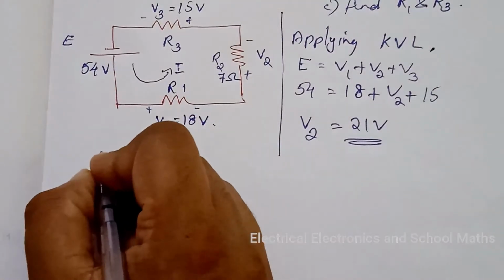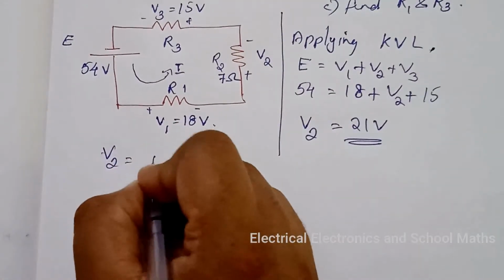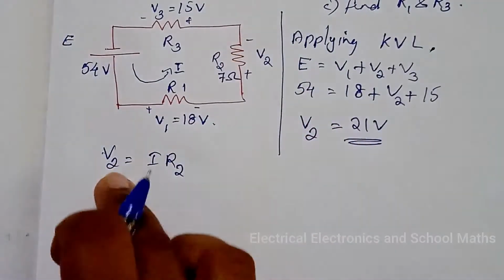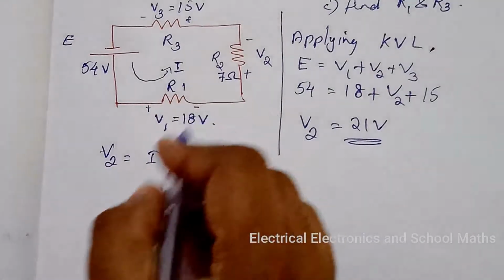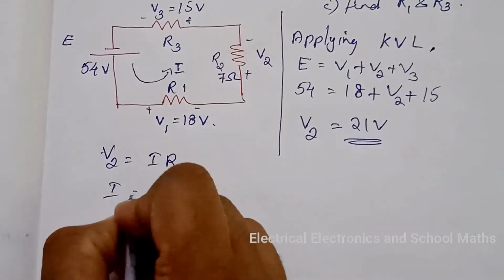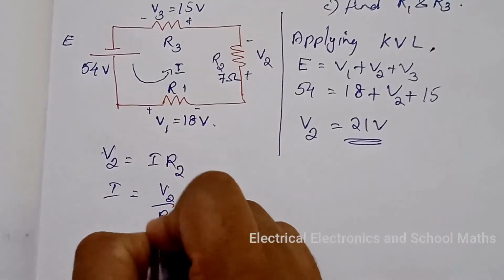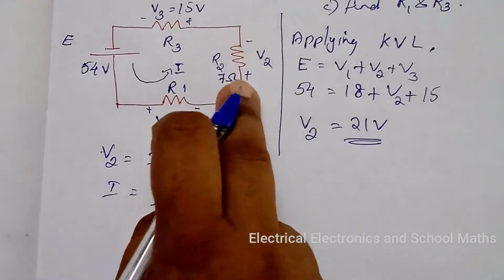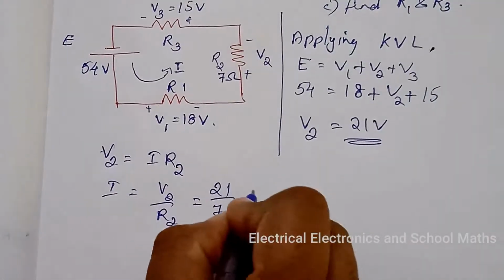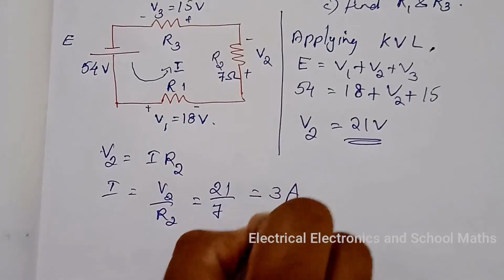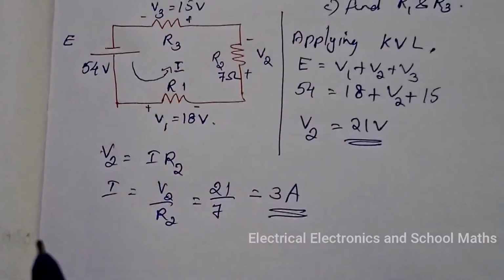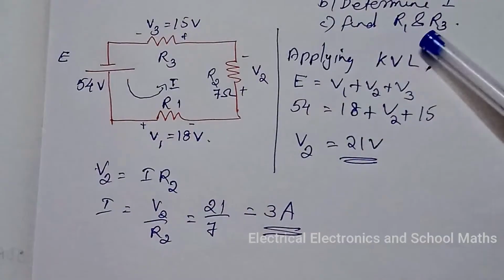And V2 is nothing but I into R2, that is, the voltage drop is I R2. From this we get I equal to V2 by R2, equal to 21 by R2, which is 7 ohm, equal to 3 ampere. And next we have to find R1 and R3.